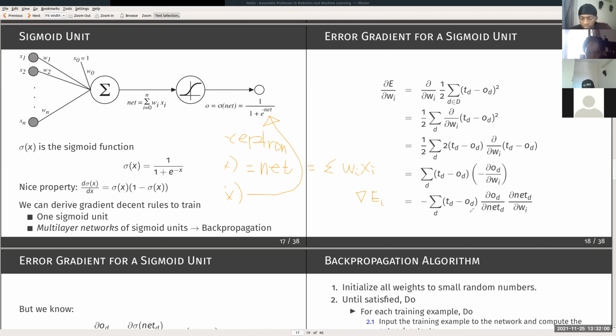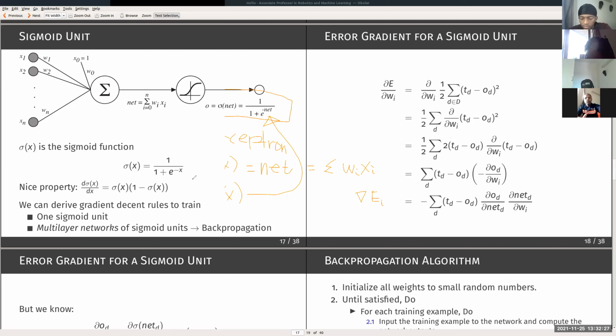There is a good property of this sigmoid function that makes it the popular choice of many. One of the good properties is that the derivative of this sigmoid function with respect to x is this.